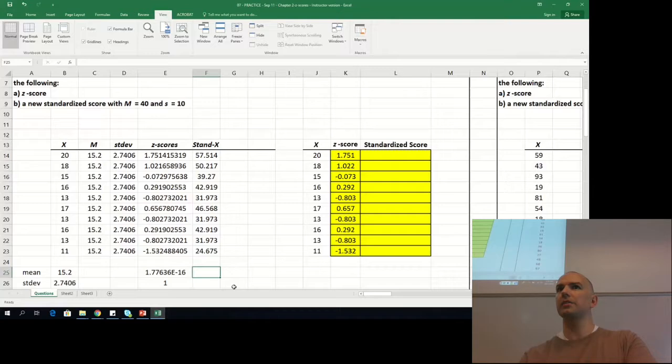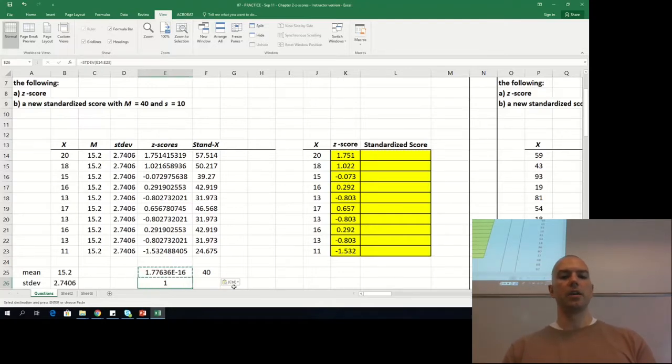Well, these aren't z-scores. What was the mean that they asked for? 40. So if we take the mean, we should get a mean of 40, and we do. And what's the standard deviation that they asked for? They wanted a standard deviation of 10. So when we calculate our standard deviation, lo and behold, there it is.